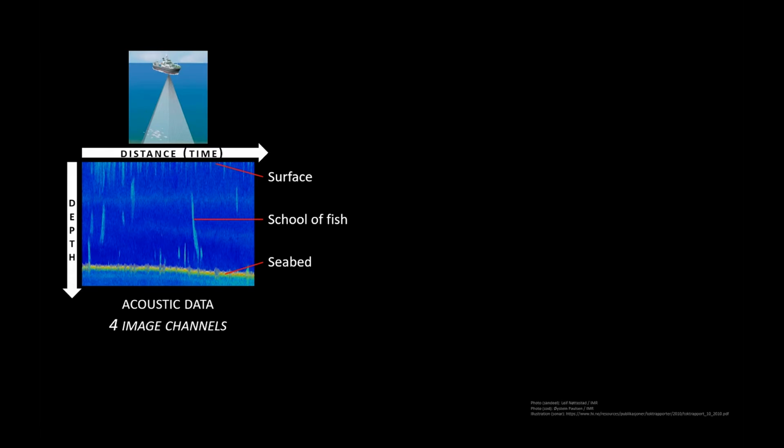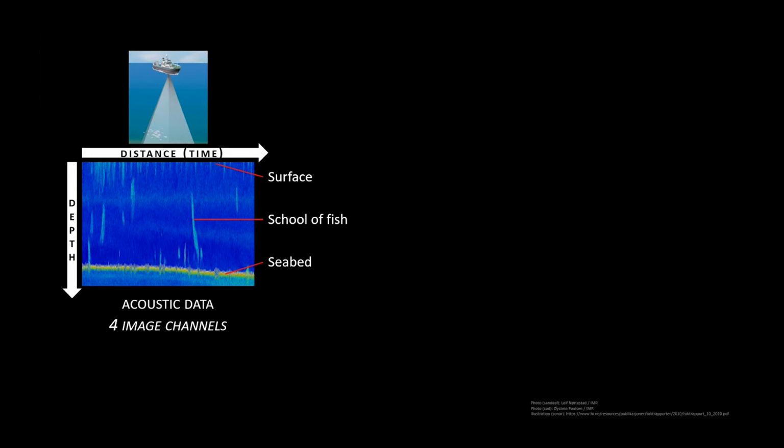The ship which records this data travels at a constant speed, and every second it emits a short pulse of sound, and the sound propagates down through the water and is partially reflected by objects such as fish and the seabed. This signal is then recorded by the ship, and the time delay is converted into depth.